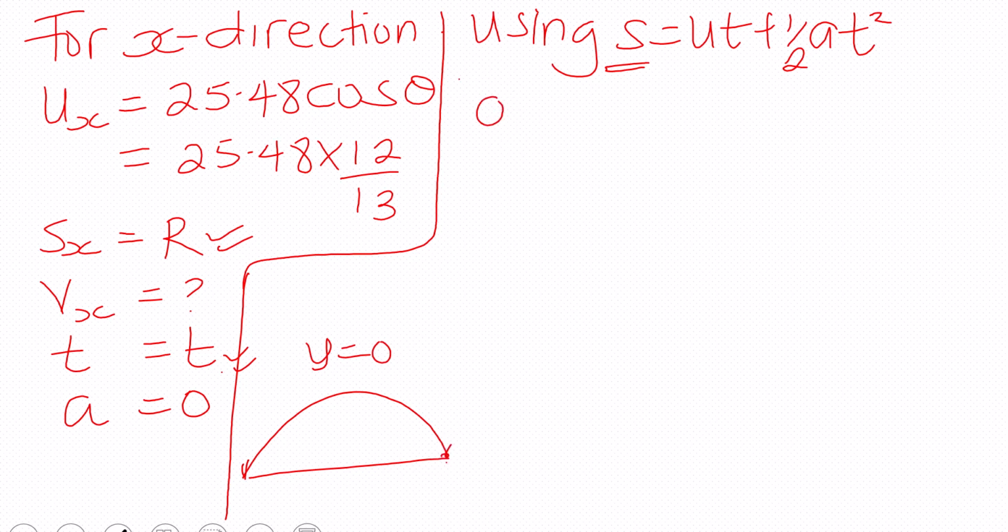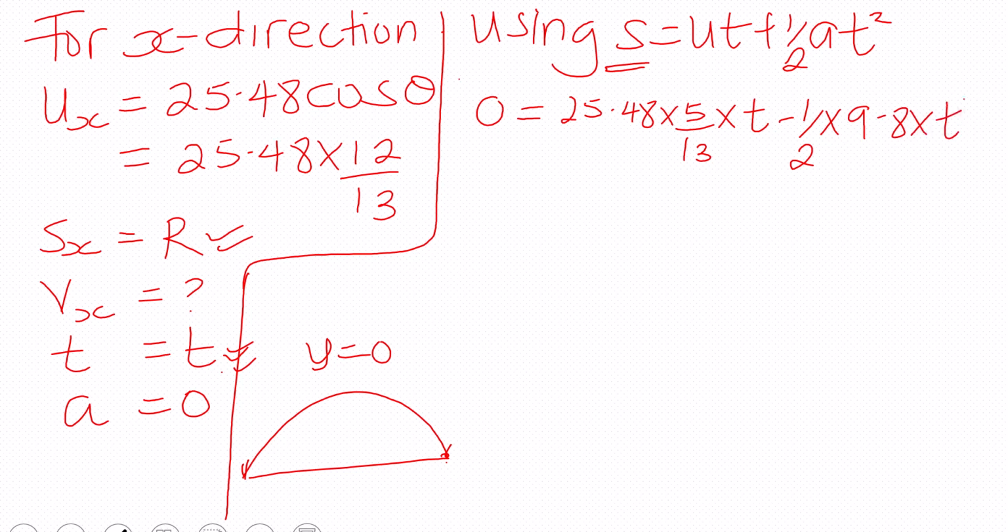If I want the total time of flight, I know this will equal to u, and u is 25.48 sine of theta, which is 5 out of 13, and then times the time of flight that we need, t, and then minus a half times 9.8 times t squared.